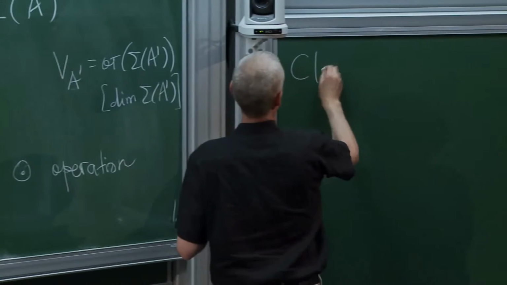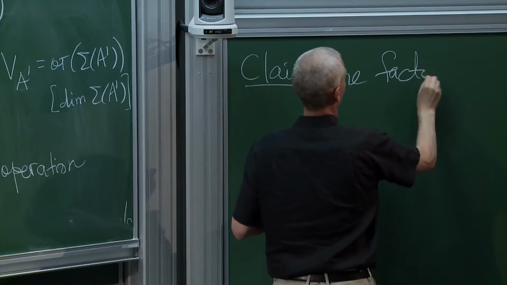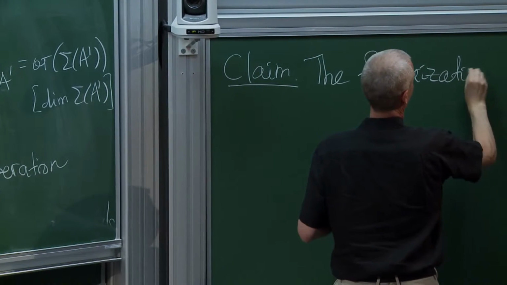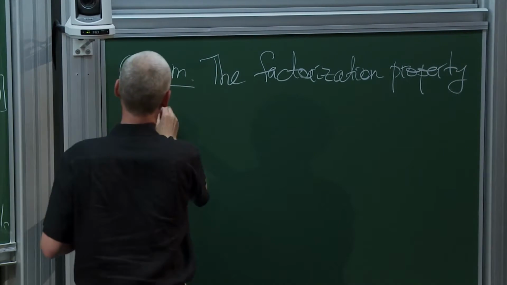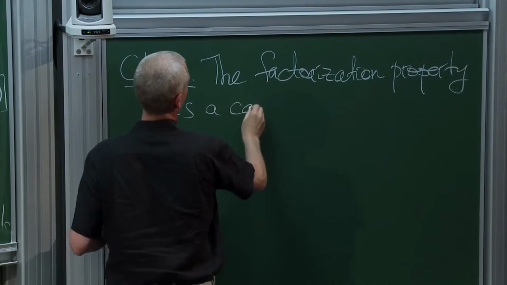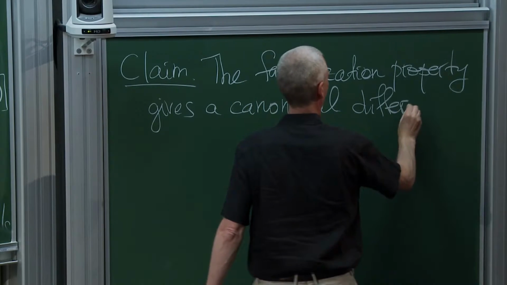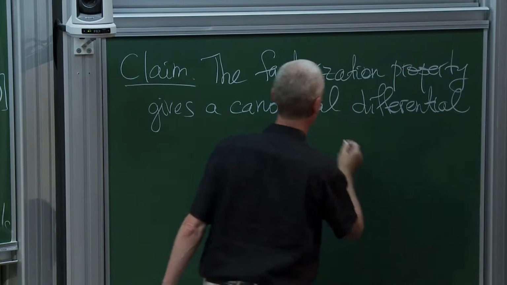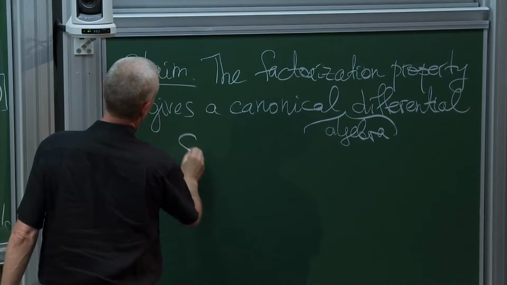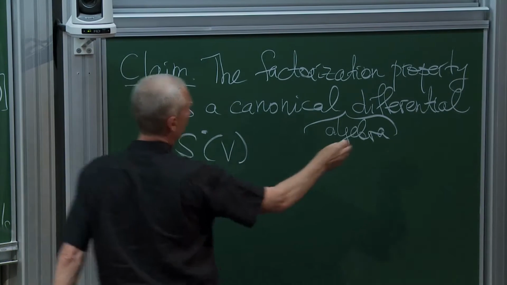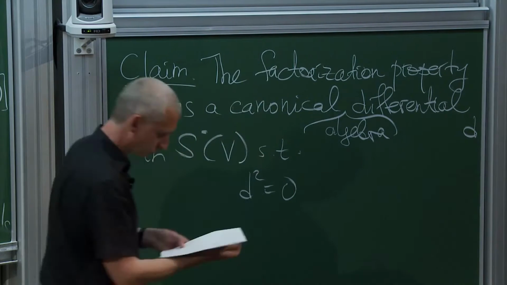So let me first state it as a claim: the factorization property gives a canonical algebra differential in the symmetric algebra of V, satisfying d squared equals 0.